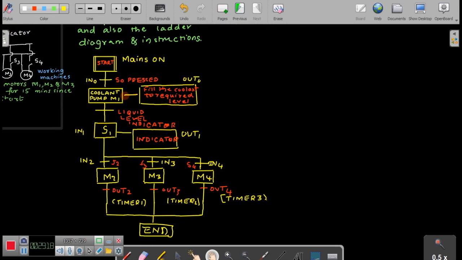So this is how you draw the sequential function chart, SFC, for this particular program.